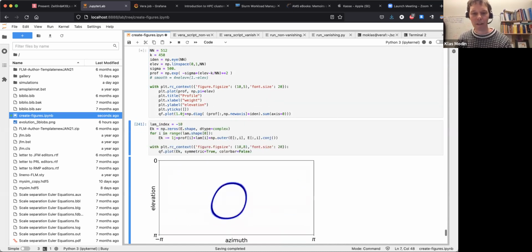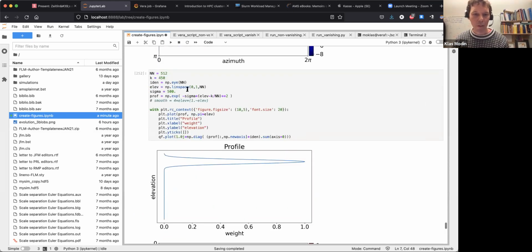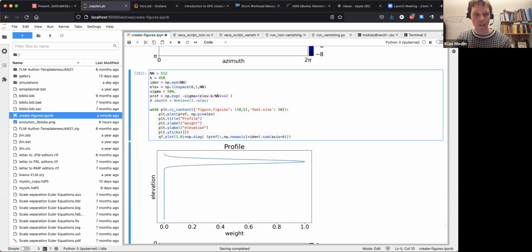Now it looks more like I managed to find this band here. So it means that if you just take one of the eigenbases, it's not enough. But if you take a few of them and isolate them, then you get a nicely, spatially well-defined level set. And if I make this finer, it gets even nicer.